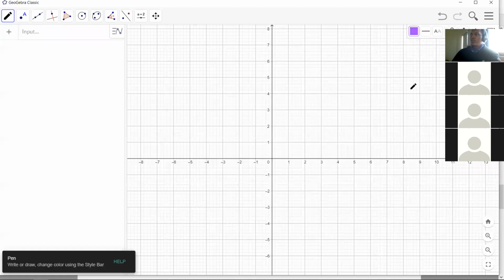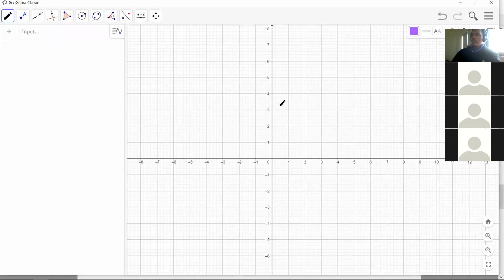Okay, so I'm going to use different colors to quickly denote anything. For some of you who remember trigonometry, or if you go to trigonometry, you will get this, what do we call it? Quadrants.